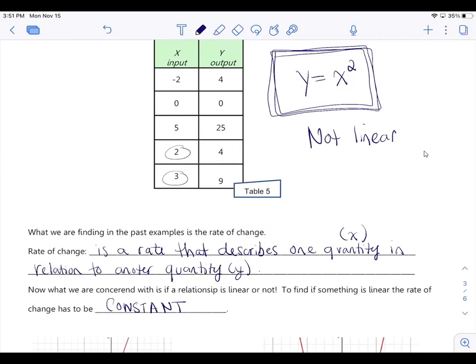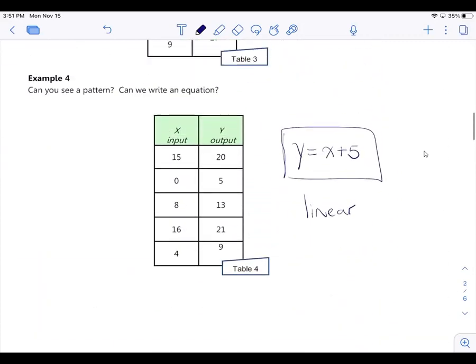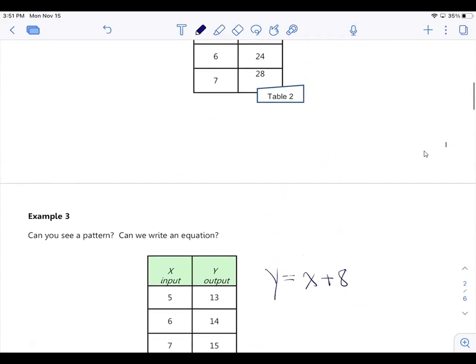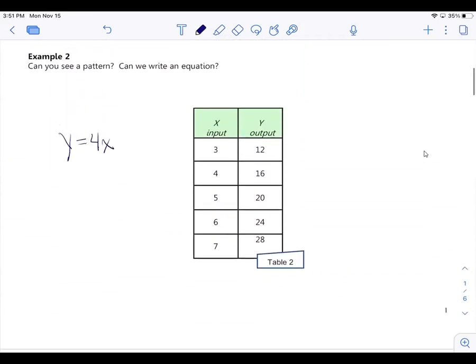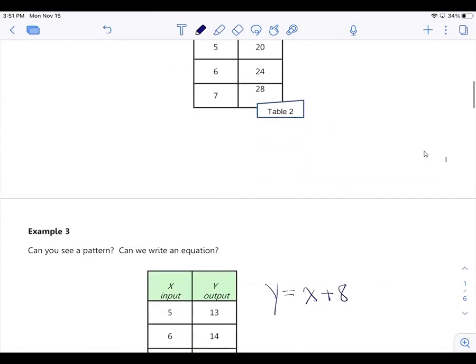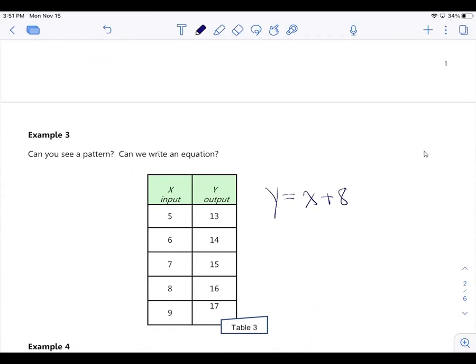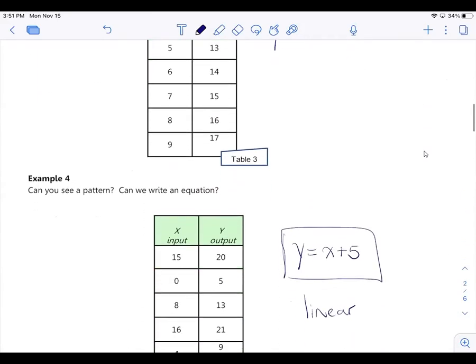What would be constant, just going back up here, more so, I'll show those ones too, but this, right? Every x, we're multiplying it by the same thing. This is constant because every single time we're adding 8. This is constant because every single time we're adding 5, and then we're going to talk about this piece in a second.